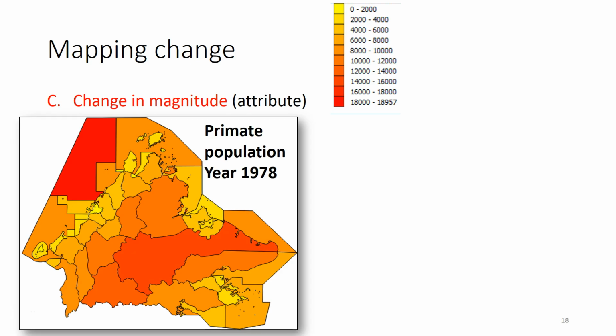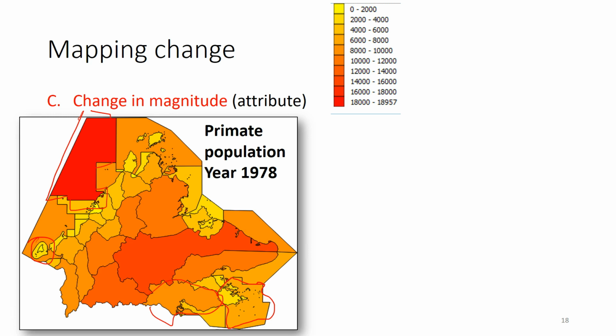For example, what you see here is a Sabah map. Each of these polygons is a district. For example, this is Labuan, this is Tawau. You can imagine when you digitize it, it's a polygon, right? And for each of the polygons, you can add information about the human populations.